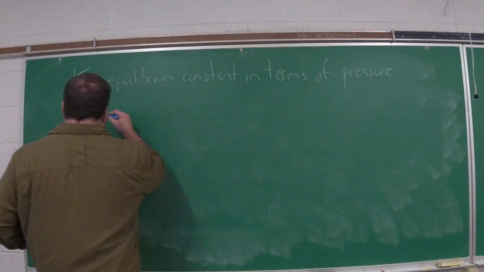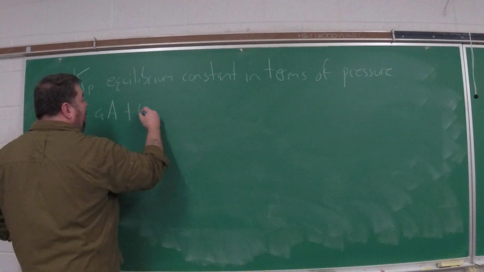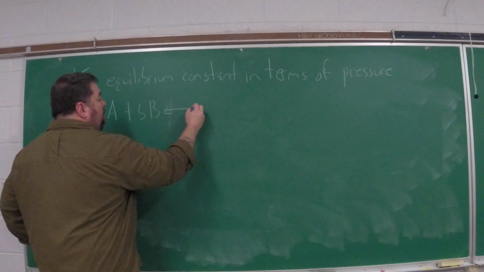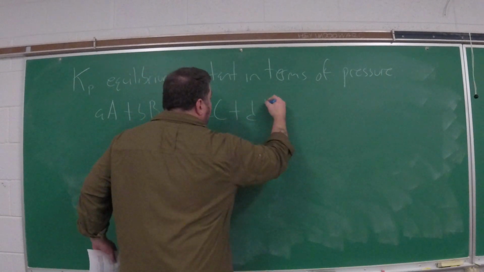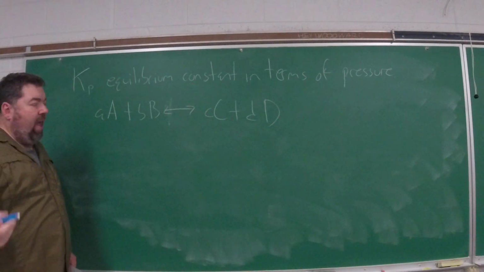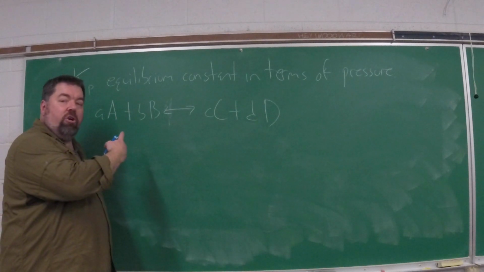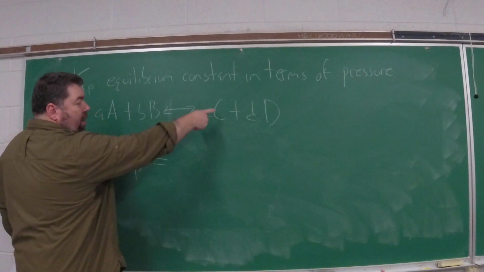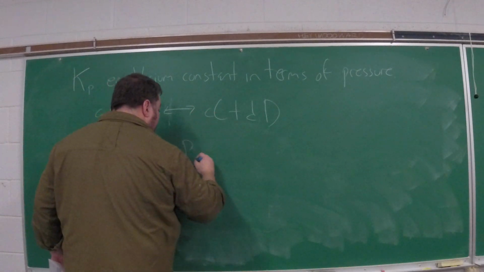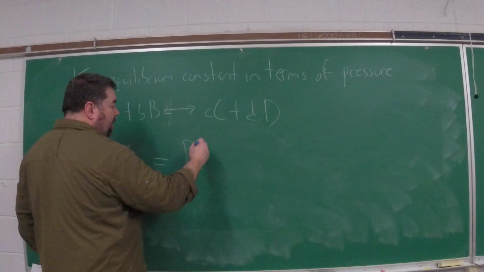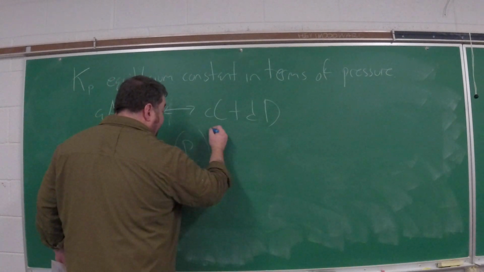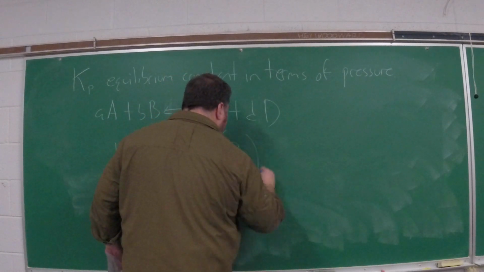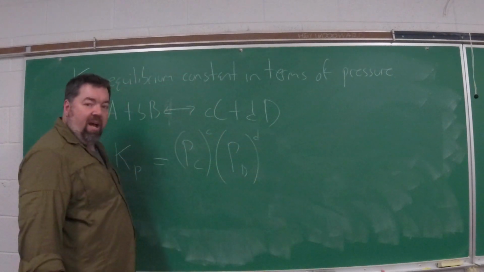It looks like this. We'll take a generic reversible equation again. Now we're going to write out Kp. Say these are in terms of partial pressures, so you use a subscript P, and all you do is write in the partial pressure. So you have the partial pressure of C raised to its stoichiometric coefficient c, times the partial pressure of D raised to its stoichiometric coefficient.